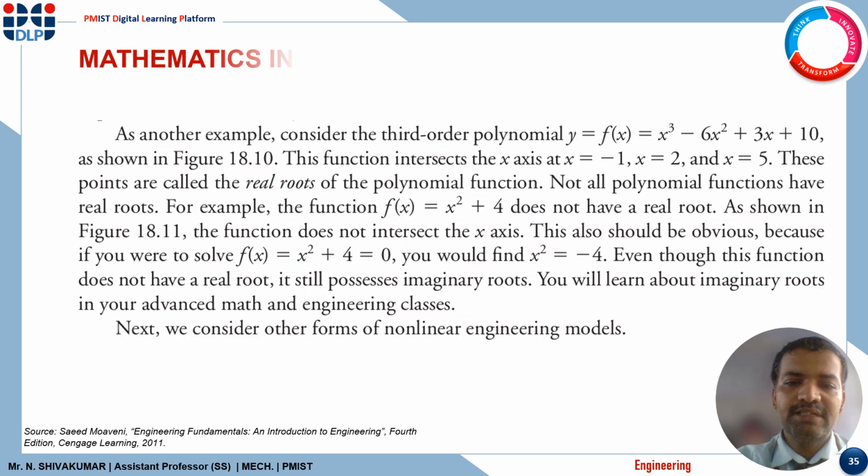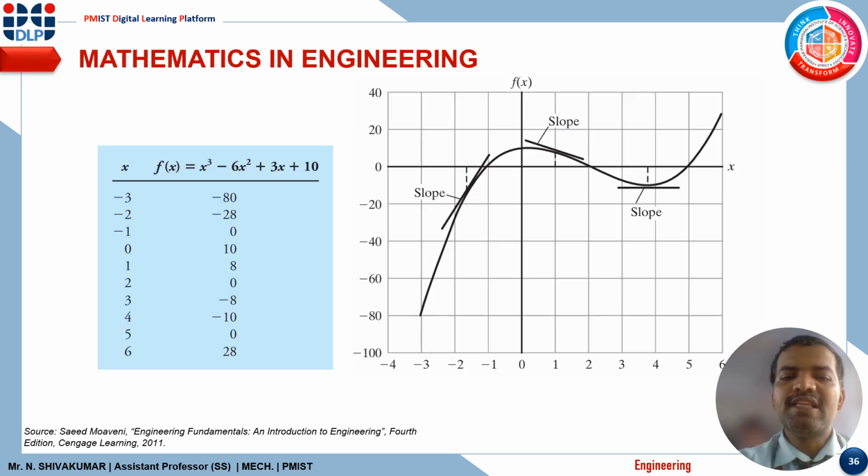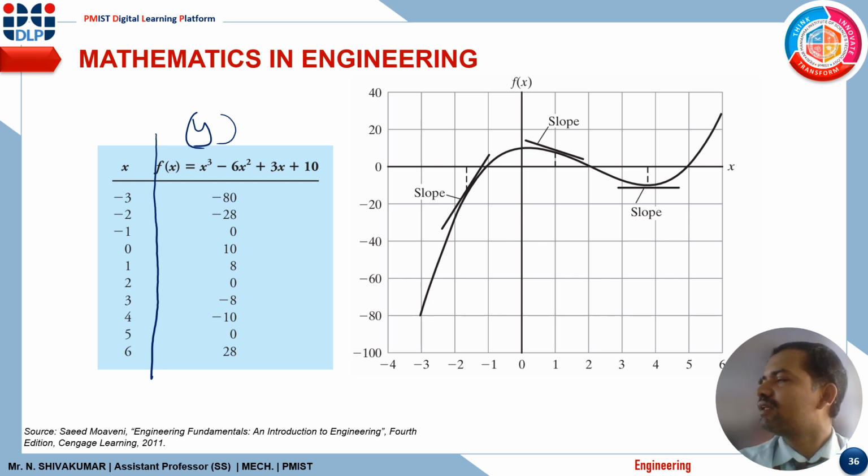So take this as an example equation. This is y, and y is a function of x. When we have a change in x, there is a change in y. The equation is x power 3 minus 6x square plus 3x plus 10.